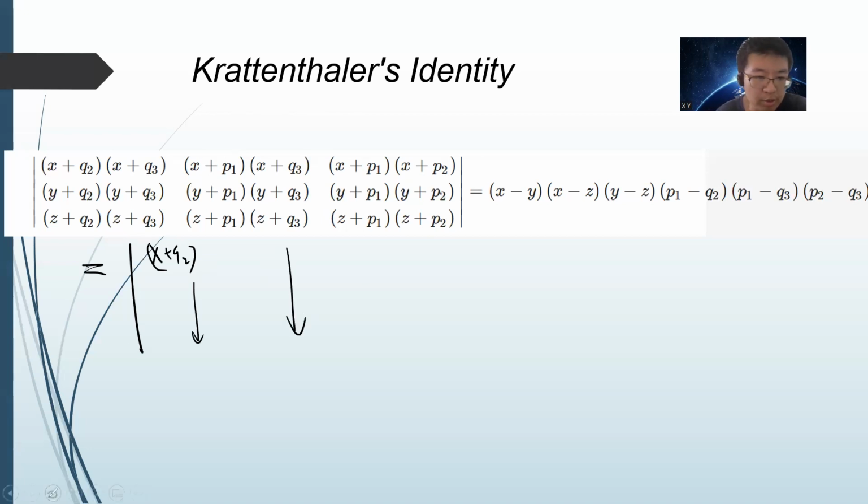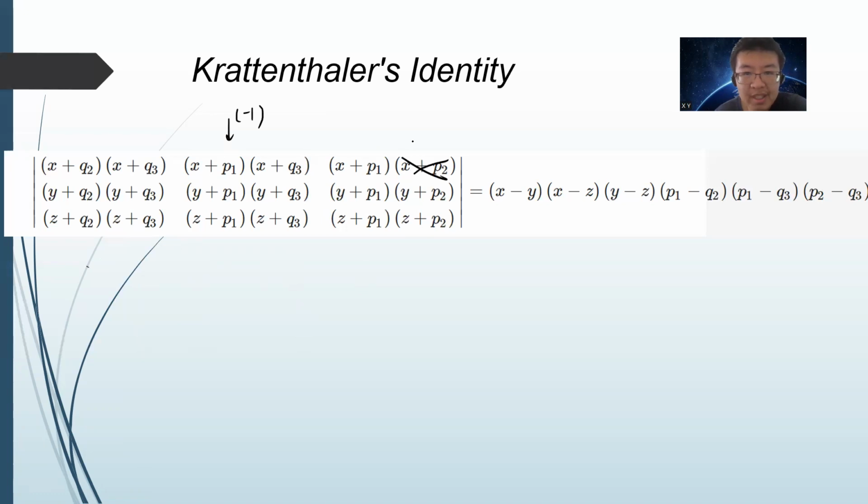Let me just work on the original matrices. Basically I multiply by -1 and add to the third one. You can see this entry will be x plus p1, still the same, and the last is p2 minus q3.